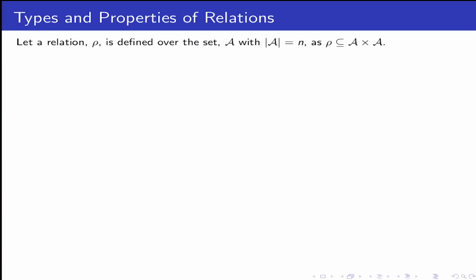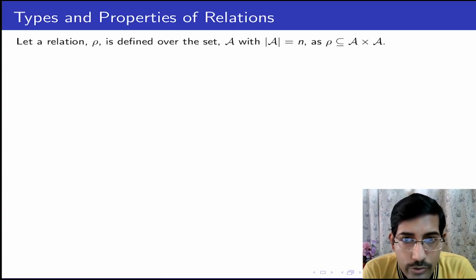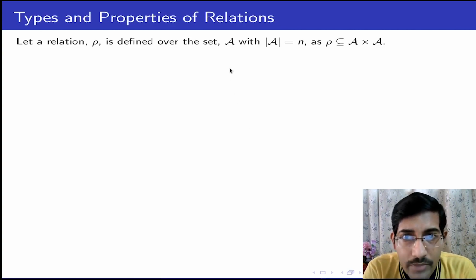With the definition of relations that we have learned, let us try to find out what kind of properties and types of relations of a set are possible. So we define a relation over a set A, meaning that since you are defining the relations with the elements within set A, you need to relate 2 elements of the same set. So the relation is obviously a subset of pairs chosen from the same set, A cross A, with cardinality n squared.